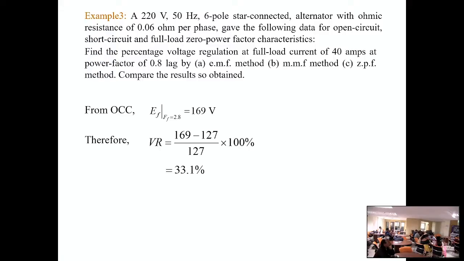Sir, if you do not draw the ZPFC, only the initial point you take. Yes. Can you draw parallel to OCC, the ZPFC? It is a little difficult. From the rated point, from there also you can draw the ZPFC. During the experiment, it is difficult to take all readings of the ZPFC. Obviously.